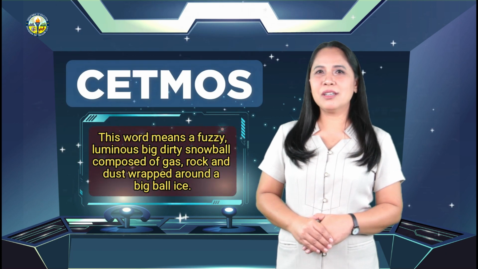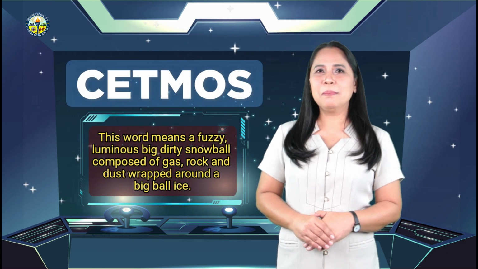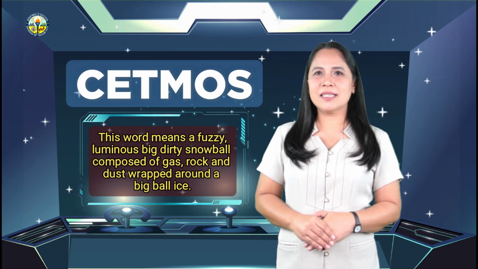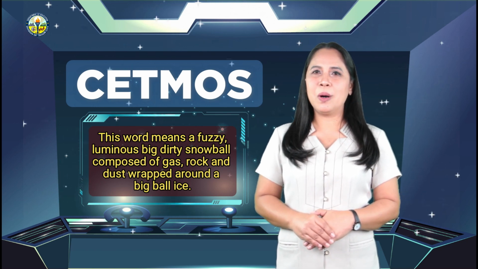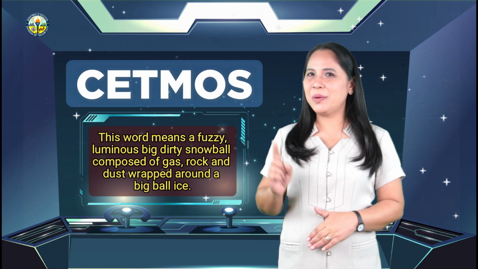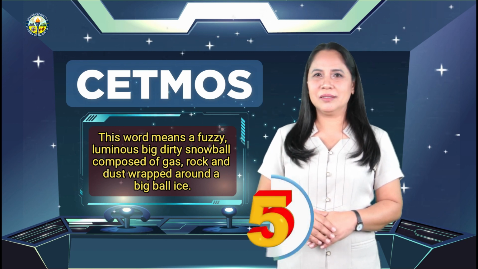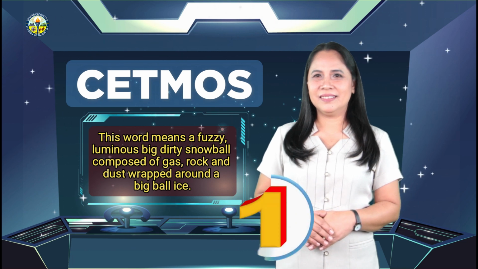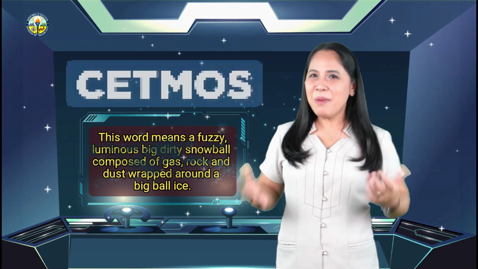Number 1. The jumbled letters are. This word means a fuzzy, luminous, big dirty snowball composed of gas, rock, and dust wrapped around a big ball of ice. What is the correct word? Marvelous!